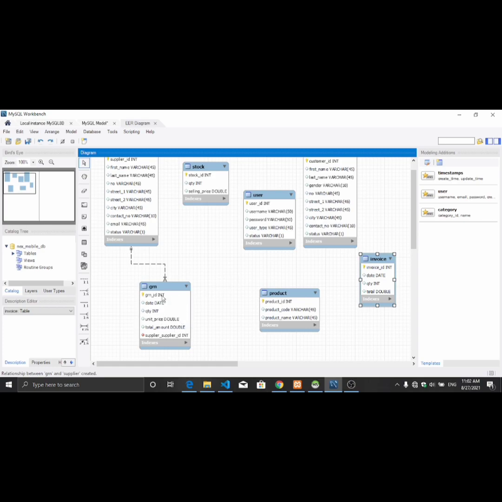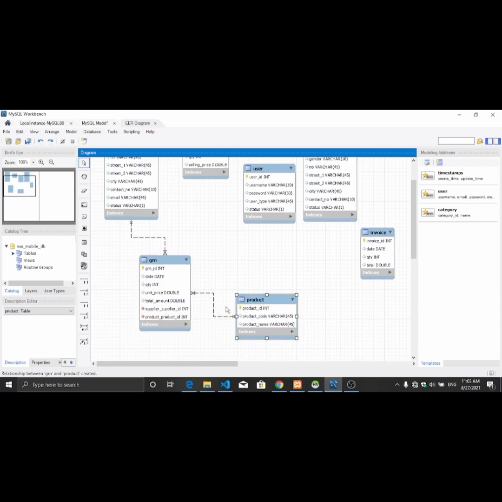So it's also a one-to-many relationship. The one side is the product and the many side is the GRN table. So we can draw the relationship like this, and it's also one-to-many.